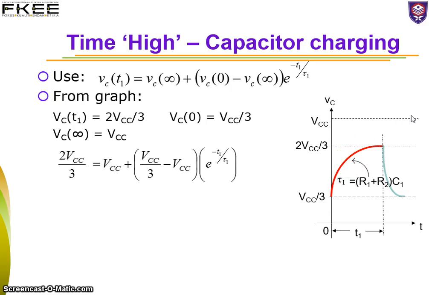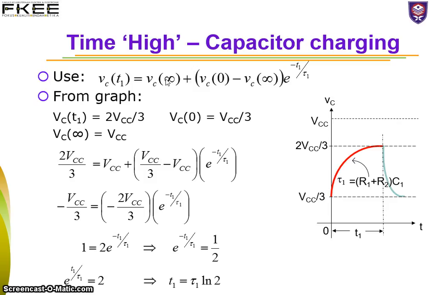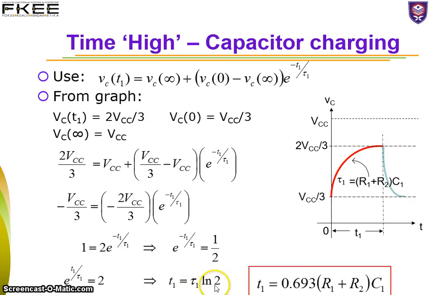Plug all these values into this equation and solve for T1. We get T1 equals tau 1 natural log of 2. Tau 1 just now is over here. Natural log of 2 is 0.693. So the time taken for charging will be 0.693 (R1 plus R2) C1.